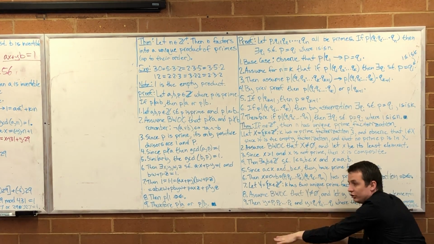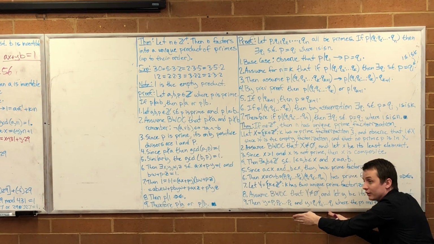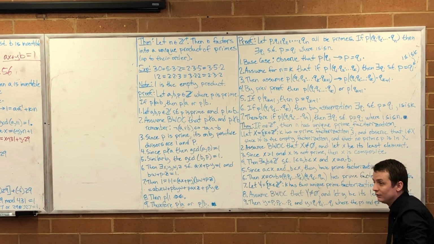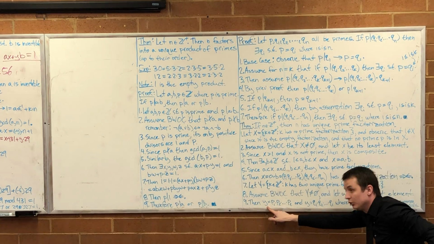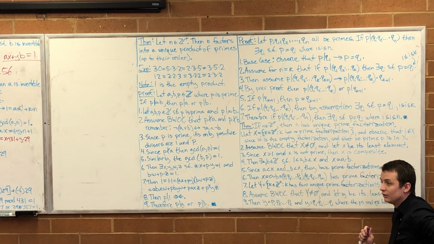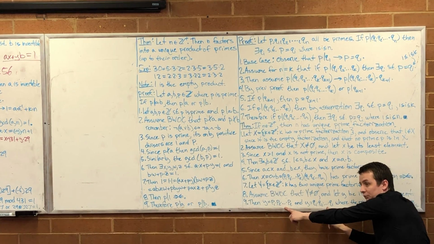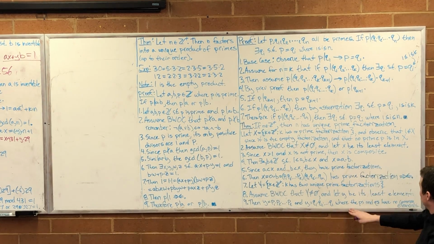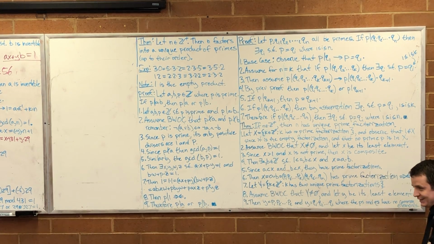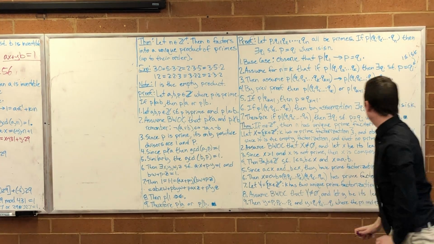Then divide y by 2, and you get 2 different products of prime numbers, which would be a smaller number than y. Y is the smallest number with 2 unique prime factorizations. So none of these can have common primes. Does that make sense? Okay. So where the p's and q's have no common elements is what I was saying there.